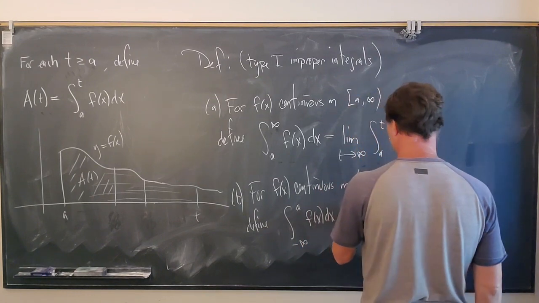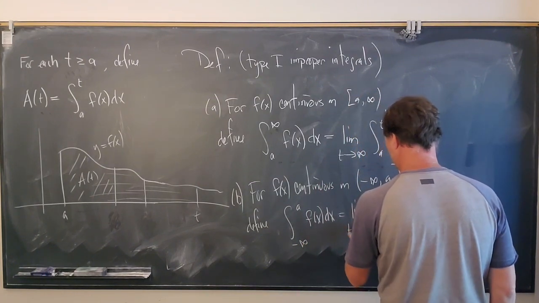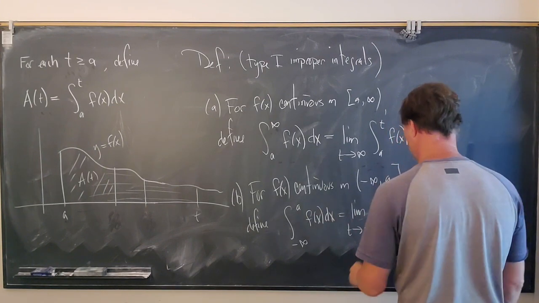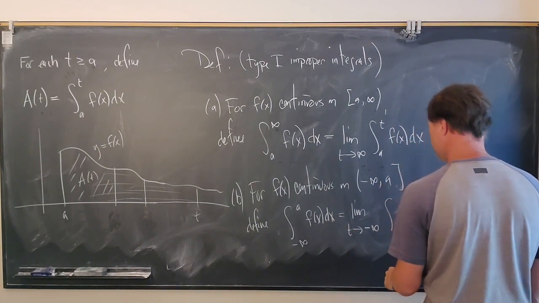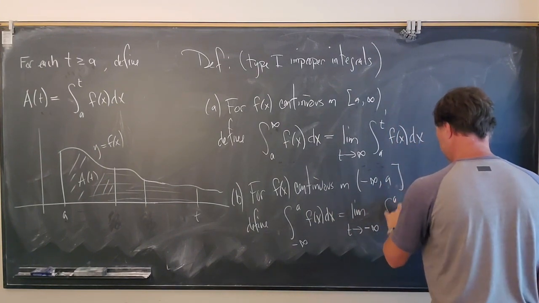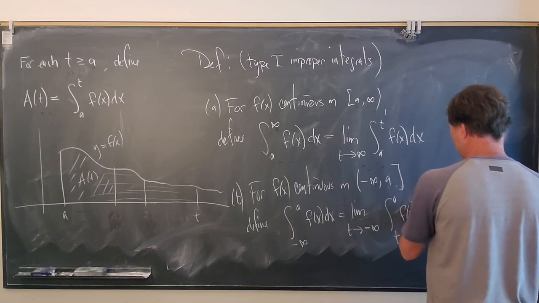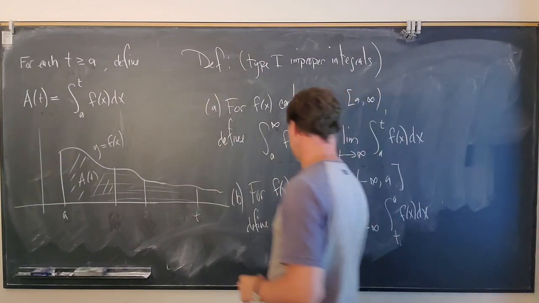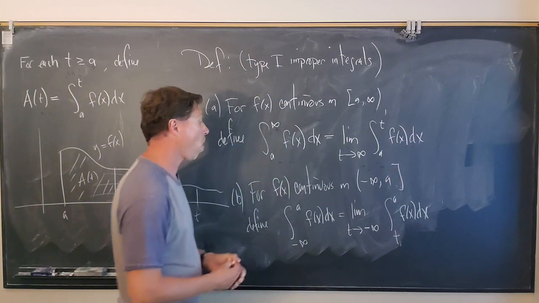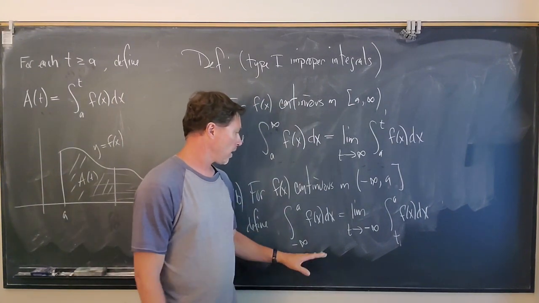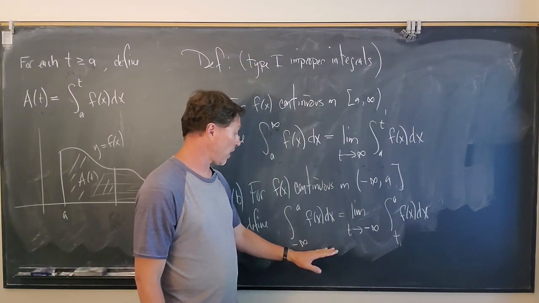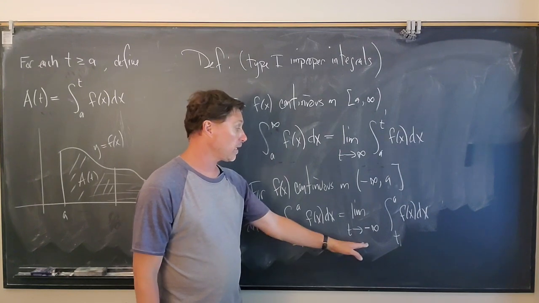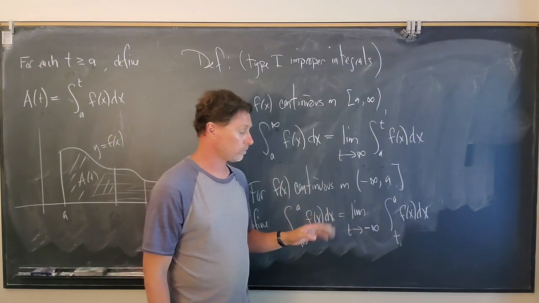This will be the limit as t approaches minus infinity of the integral from t to a of f of x dx. Right, so once again, this is called a type 1 improper integral, and anytime you have a limit of minus infinity, you immediately rewrite it as a limit.